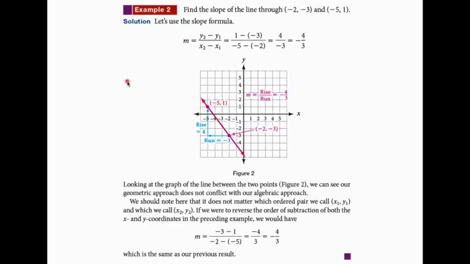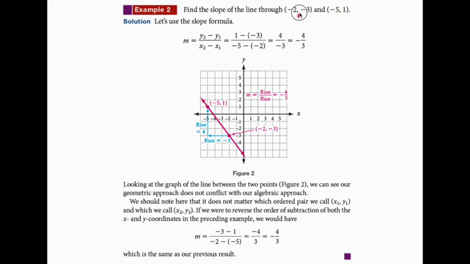Now let's look at example 2. It says find the slope of the line through the points -2, -3, and -5, 1. We're going to use the formula of the slope now. So it doesn't matter which point you call the first point or the second point, as long as you're consistent.